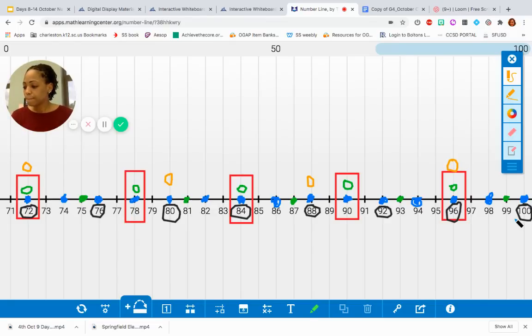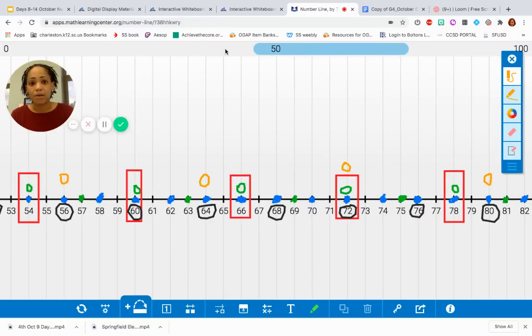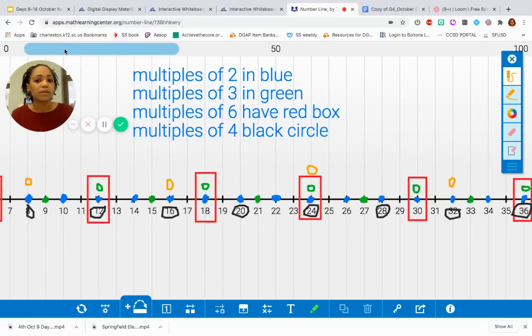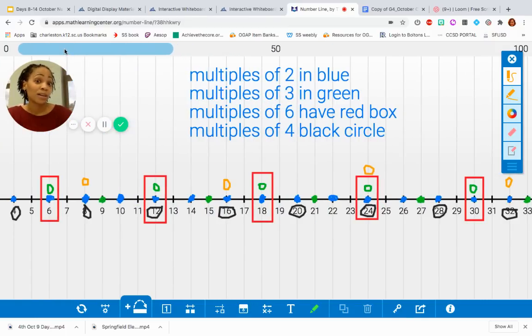So, can we see any relationships between multiples now? We saw some earlier with 2s and 3s, or 2s and 4s, and 3s and 6s. What relationships do you see now with adding 8s? Great. Multiples of 2 and multiples of 4 are also multiples of 8. You're right. Well, what about this red box?